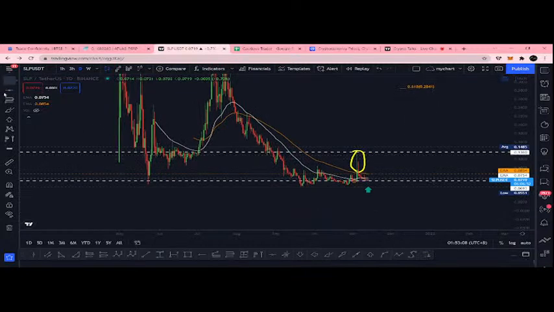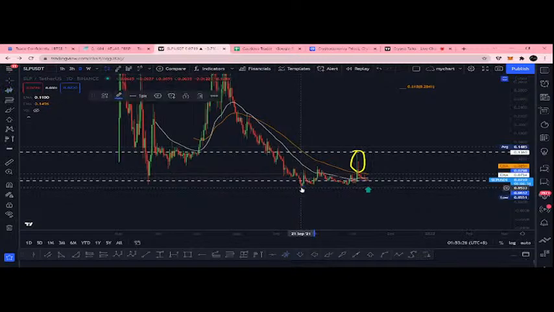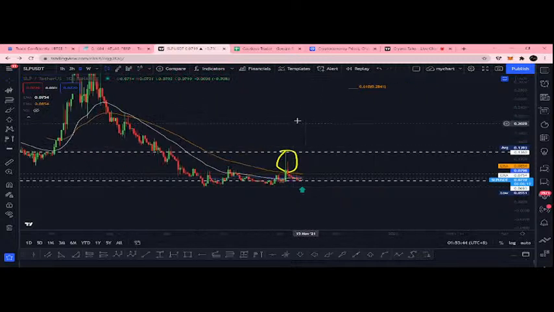For now, I don't know how the volume has been doing. It's not much actually. Well, I have nothing much to comment here on SLP.